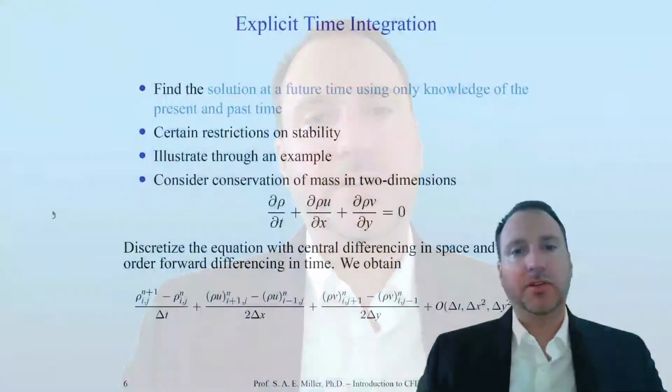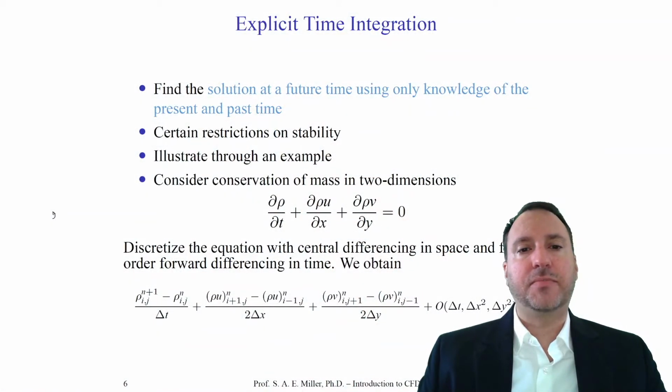Now, let's illustrate the explicit time integration method through one particular example. Let's imagine that we have the continuity equation, which is compressible in 2 dimensions, written in its conservation form, which is in the middle of the page. That's partial rho, partial t, the partial derivative with respect to time, plus partial rho u, partial x, plus partial rho v, partial y is 0.